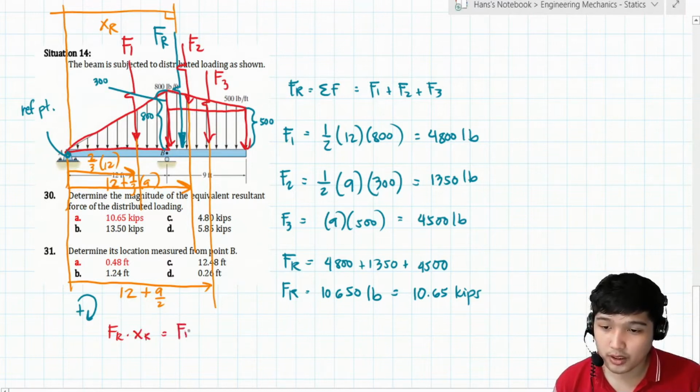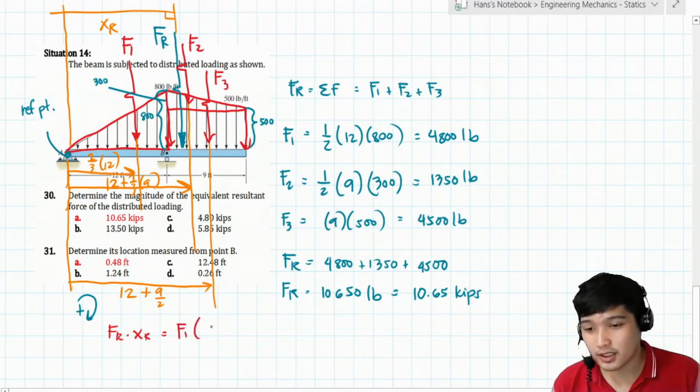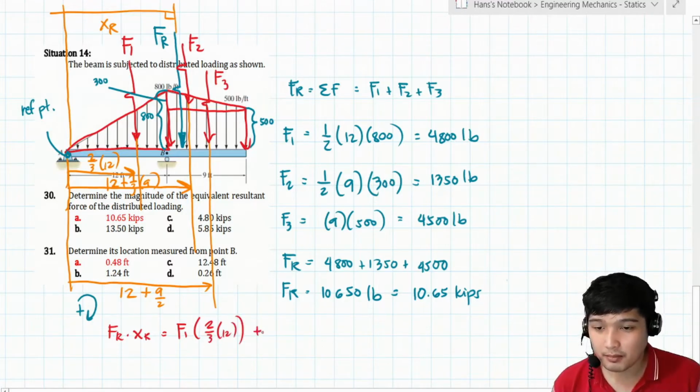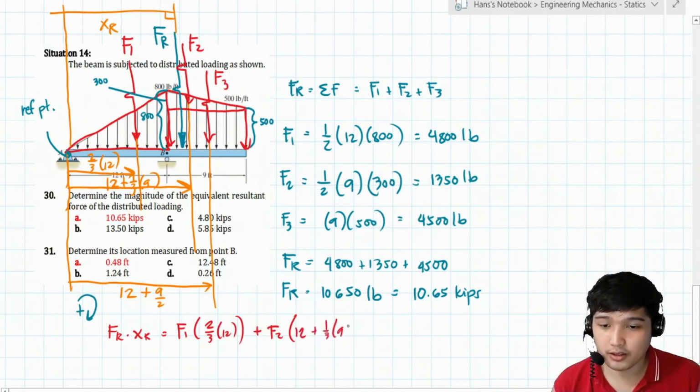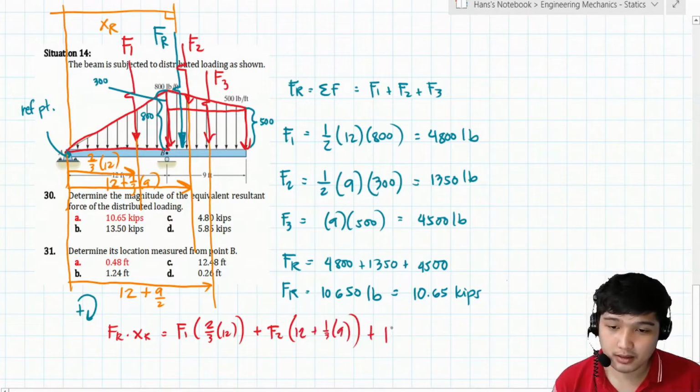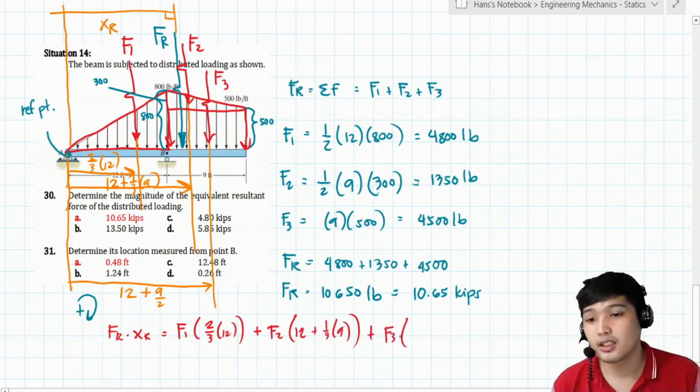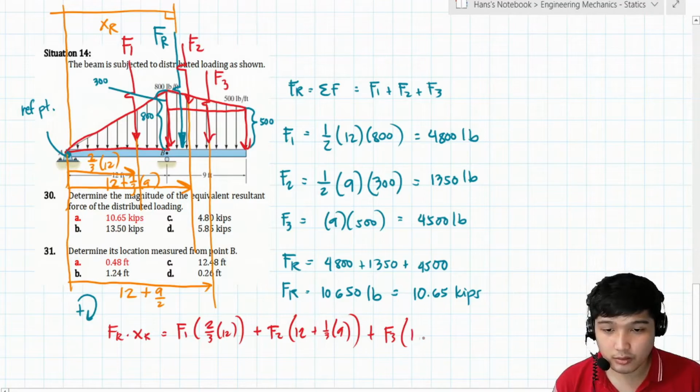So, first component is F1. Yung distance niya is 2/3 ng 12. And then plus yung F2. Ang distance niya is 12 plus 1/3 of 9. And then plus F3. Ang moment arm niya is 12 plus 9/2.